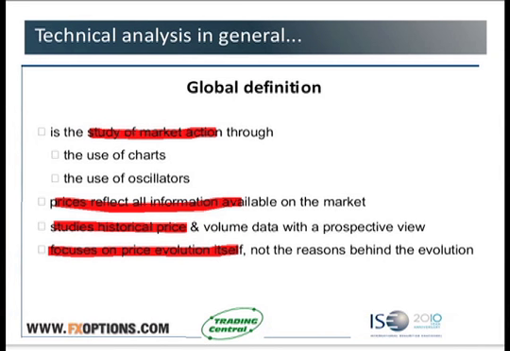For example, we say this is because of some problems in Europe, or because the US economy is recovering very well. It could be the correct reason, but in technical analysis, we don't really mind the reasons behind the moving of the price.